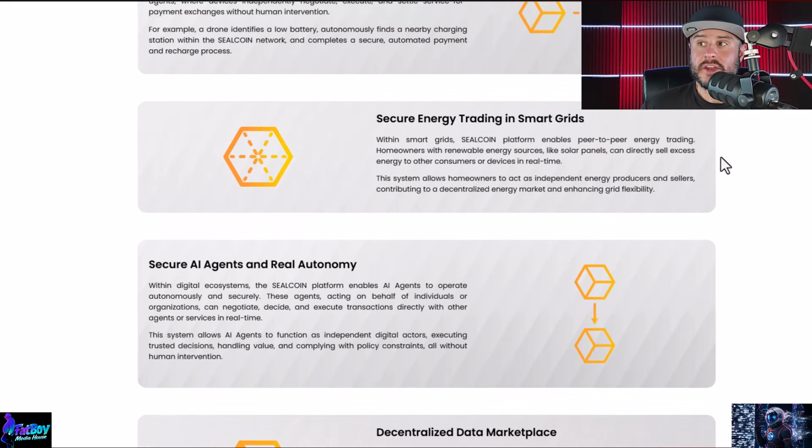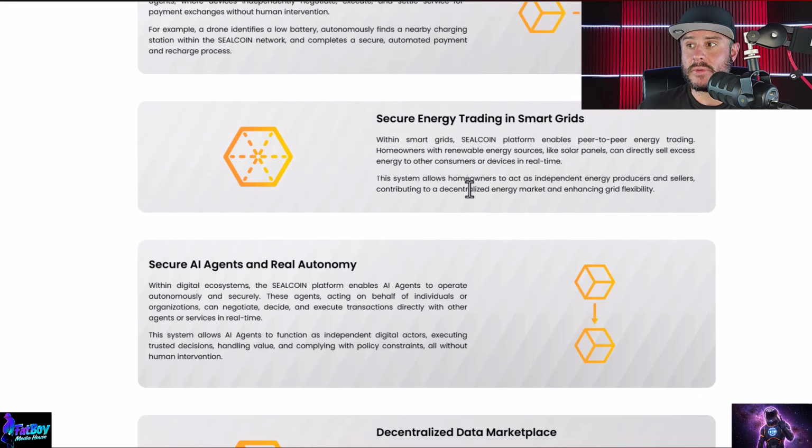Then it says secure energy trading and smart grids. This is where you as a homeowner can make some money using this technology. Check this out. It says within smart grids, the Sealcoin platform enables peer-to-peer energy trading. Homeowners with renewable energy sources like solar panels can directly sell excess energy to other consumers or devices in real time.